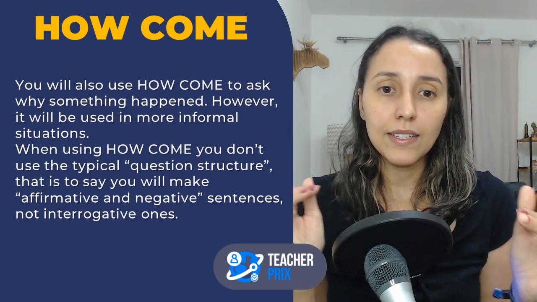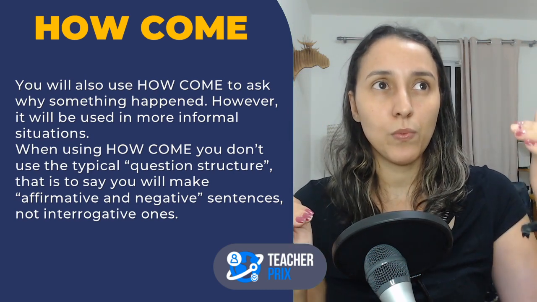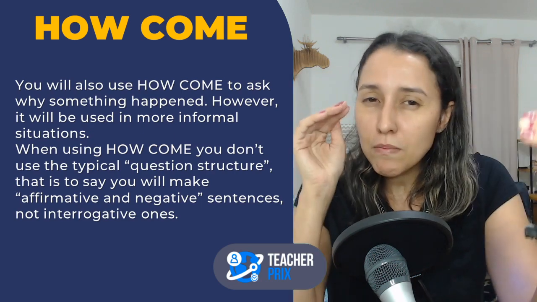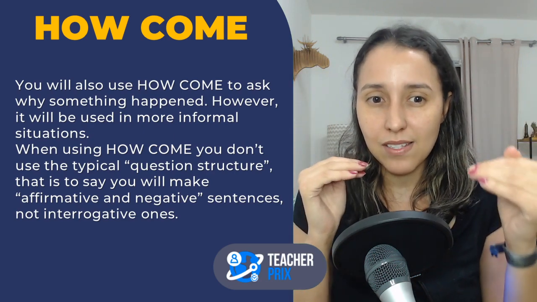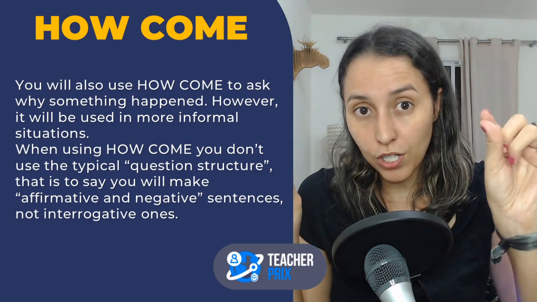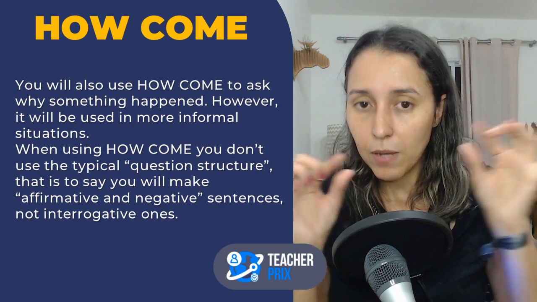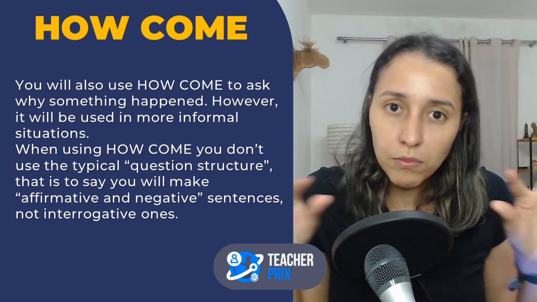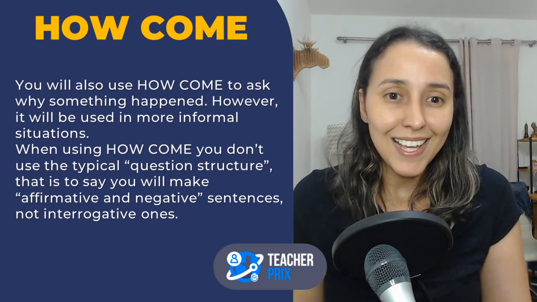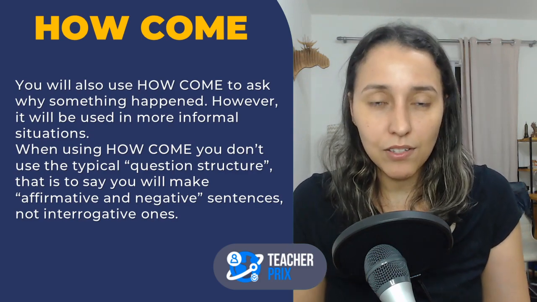That is to say that when you're making questions with how come, you will follow, quote unquote, like affirmative and negative sentences, okay? You will not follow the interrogative structure. Intonation, okay, but the grammar structure will not. You will follow an affirmative and a negative structure.